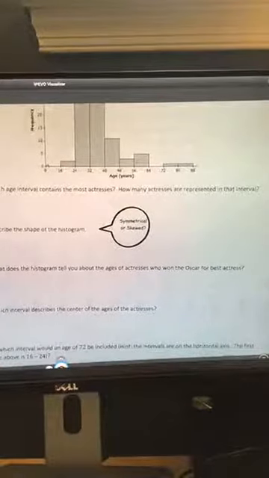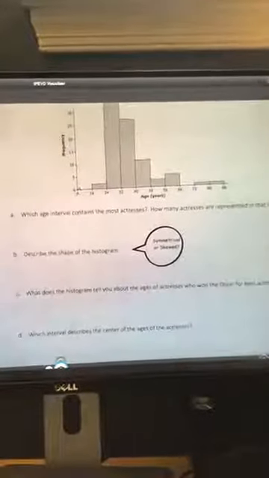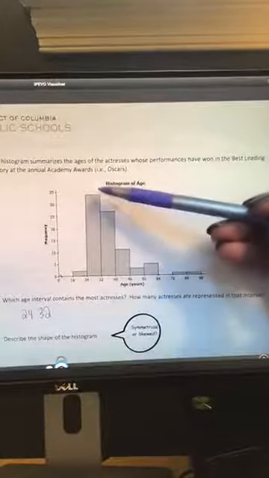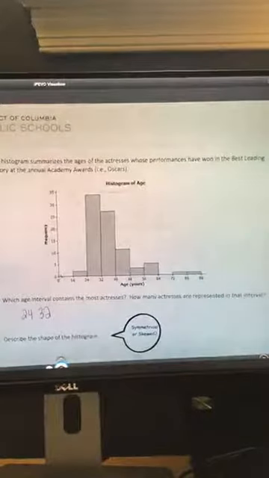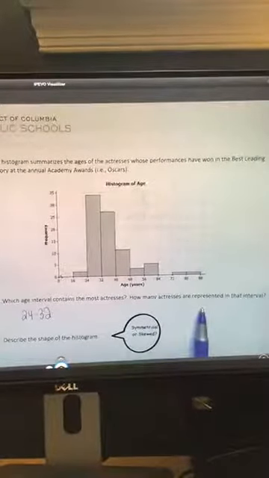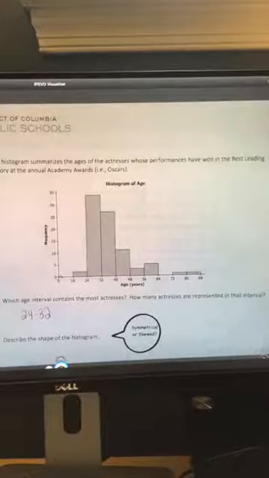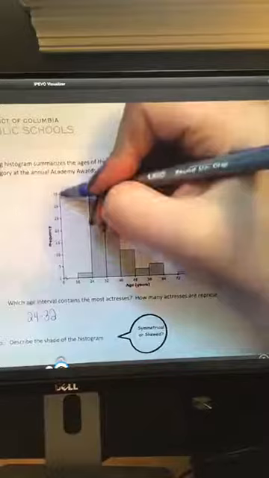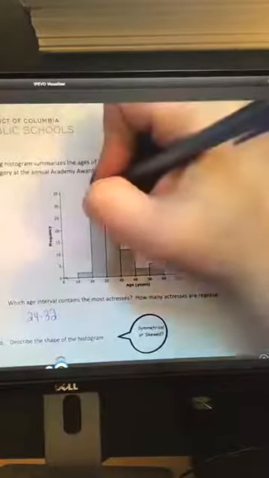Oh, Sacred, you're on point today, girl. 24 to 32, she is correct. And she knows that because it's the highest line. So now we have to determine how many actresses are represented in that interval. And so my line, so this is 30 to 35.